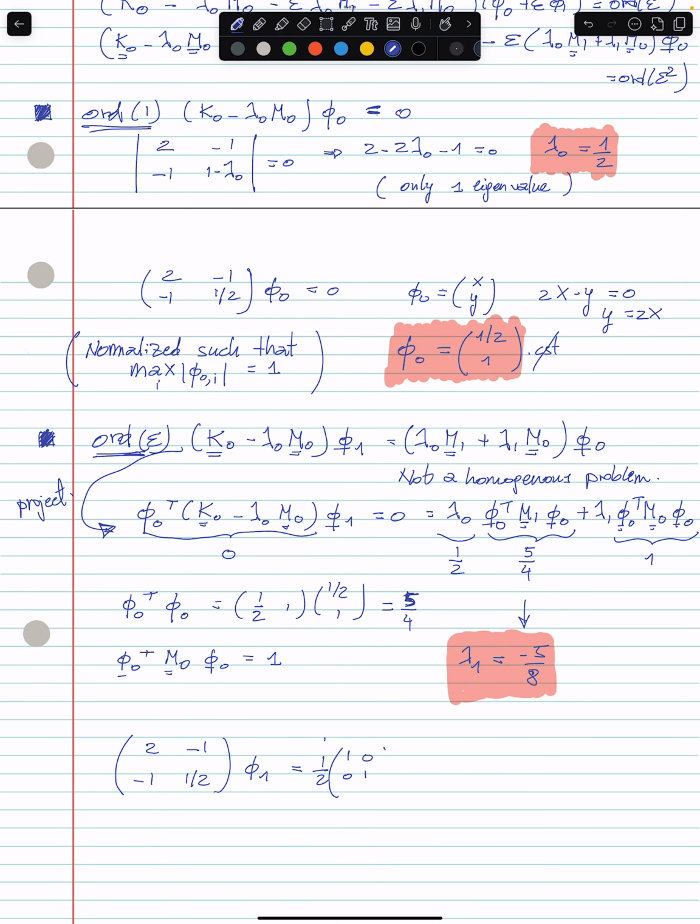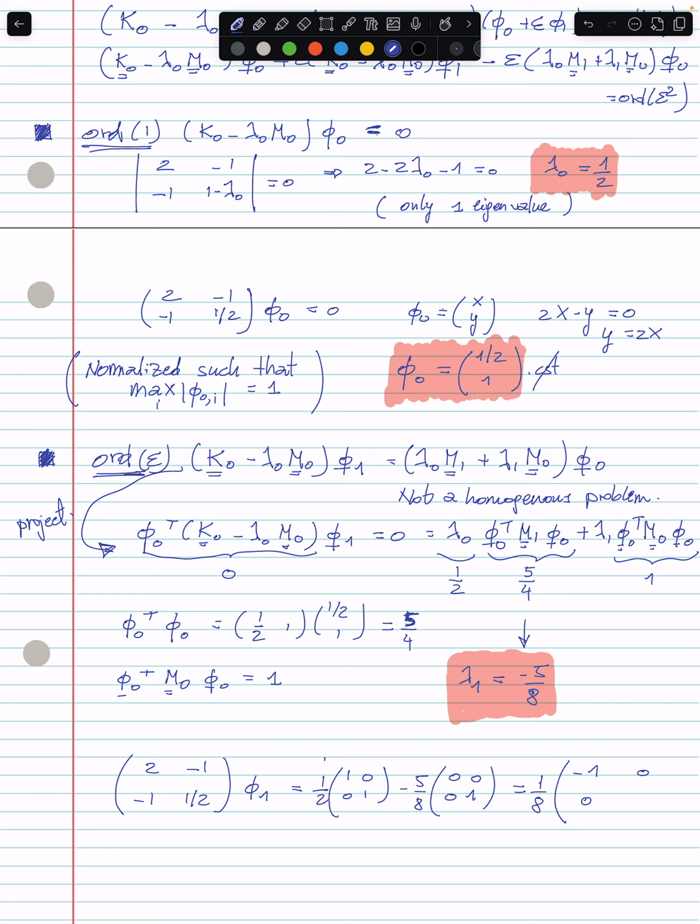So we have 4 minus 5, that's minus 1. Then we have 0, 0. And oops, there's something I forgot to do, sorry for that, is to multiply all of that by phi 0. So minus 1, 0, and 0, and in the bottom right corner we have 4 minus 5 again.